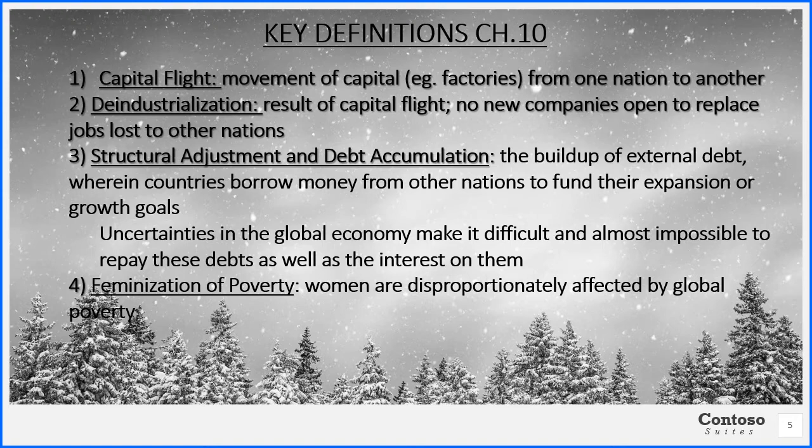So that's your structural adjustment programs and that kind of resultant debt accumulation that comes about because of it. So you have a lot of uncertainties in the global economy that make it really difficult, almost impossible to repay those debts to institutions like the World Bank, and all the interest on top of those loans.